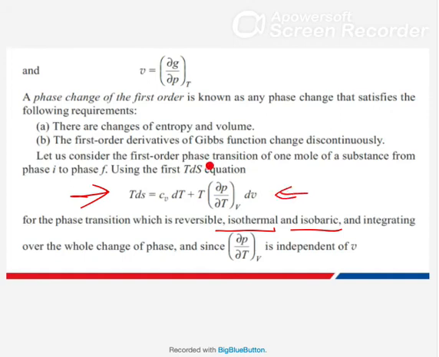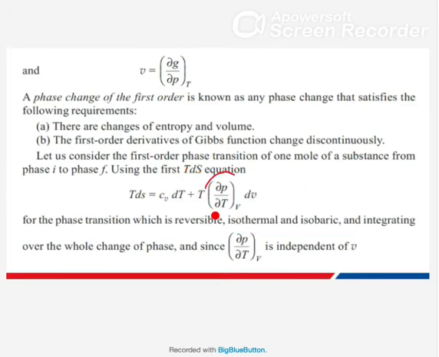If temperature is constant, then this first term will become 0, and what you will get is TdS equals T dou P by dou T at constant volume dV.